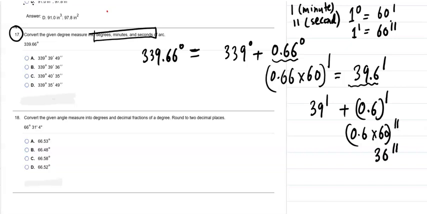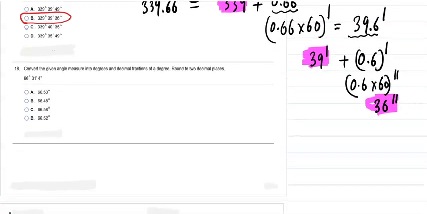So I get this many degrees, 39 minutes, and 36 seconds. So 339.66 degrees is the same as 339 degrees, 39 minutes, and 36 seconds. And that is the answer. Let's see, B is the answer.